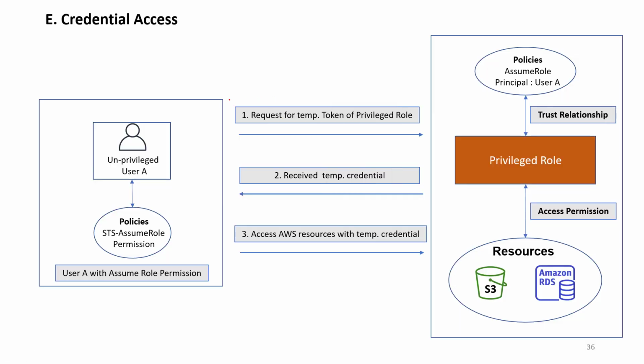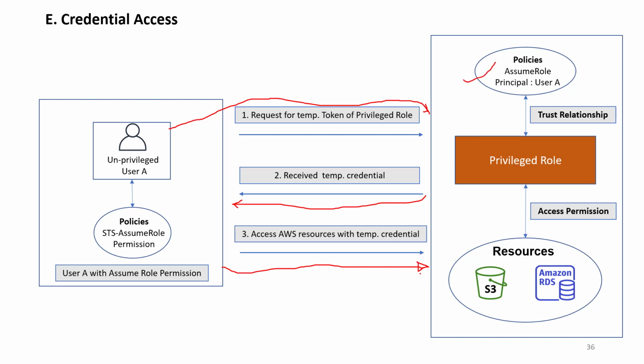The first point is this user requests a temporary token for this role. Once both criteria are met, this user receives this temporary token, which is valid for around 10 minutes, and after configuring the token with API or CLI, this user can perform all the actions which belong to this role.